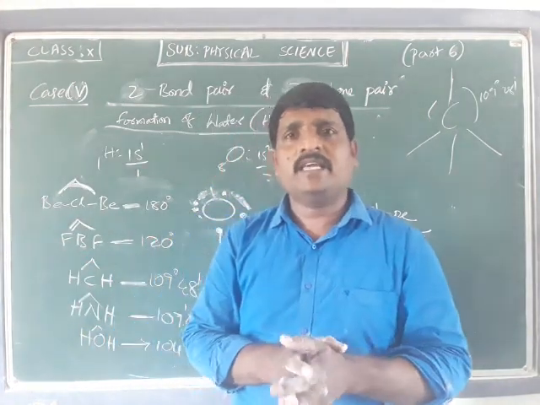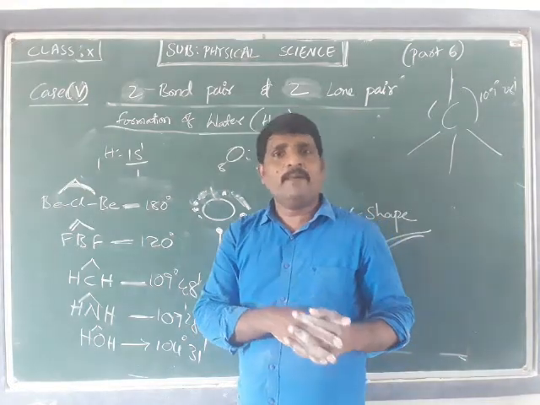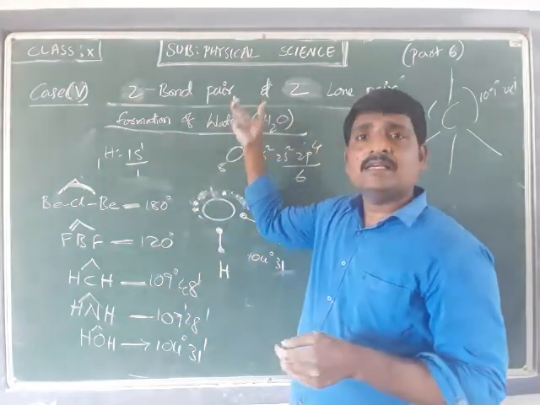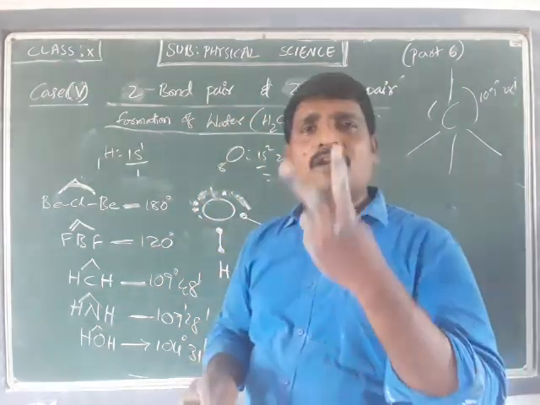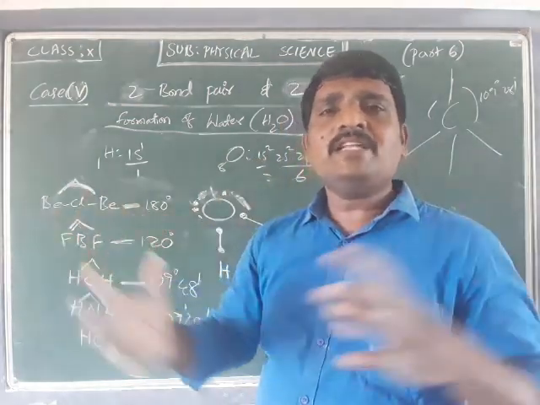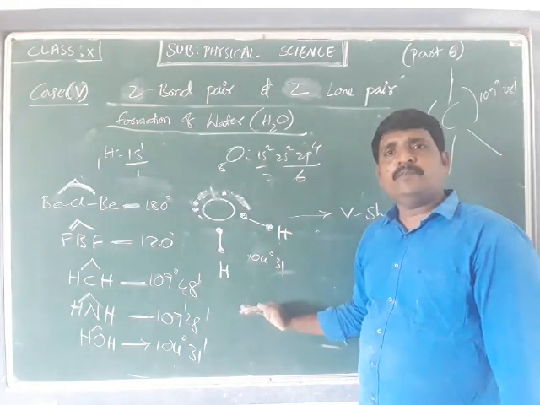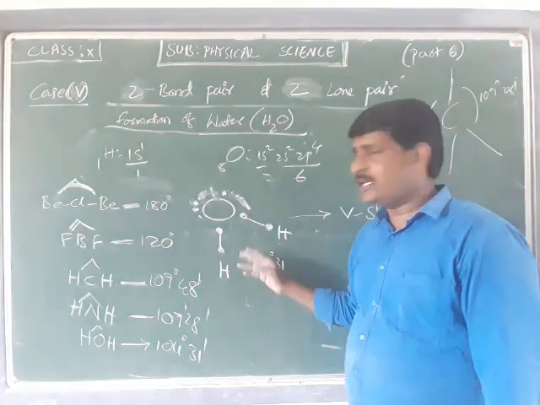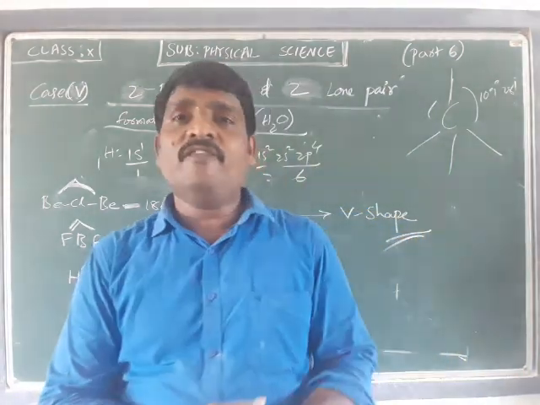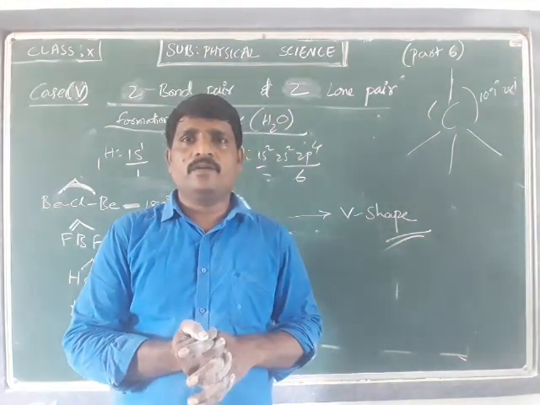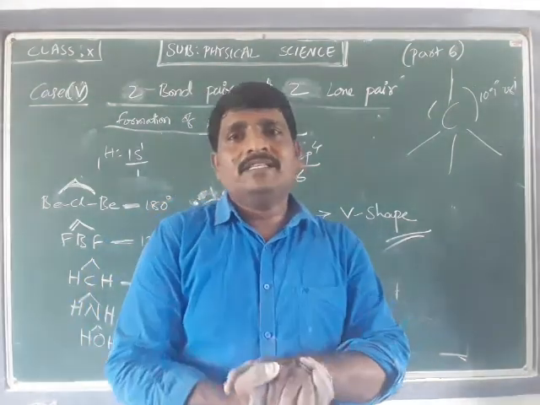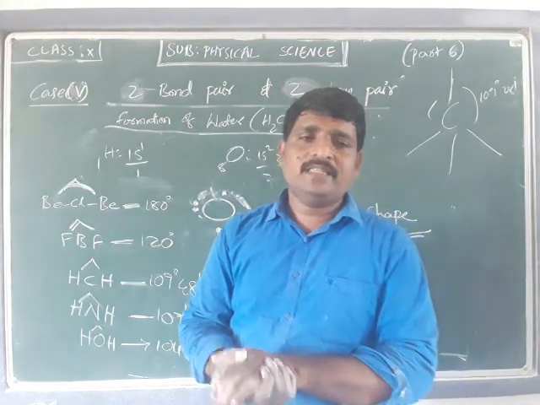The electron pairs are going to repel. There are two types of pairs, and due to the repulsion between the paired electrons, the formation of molecules is going to be changed. Due to this repulsion, we get different shapes for different molecules. So this is about VSEPR theory.